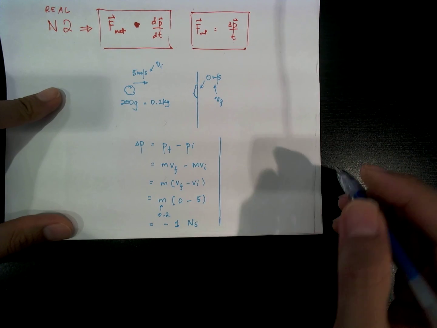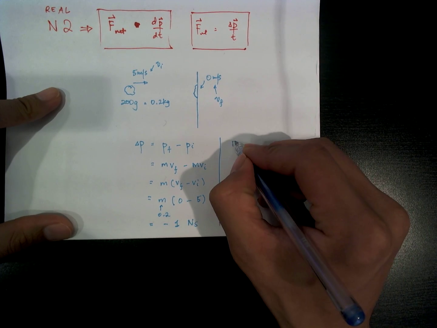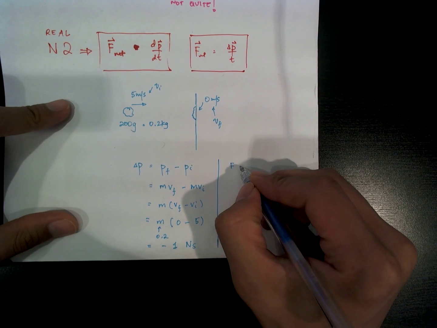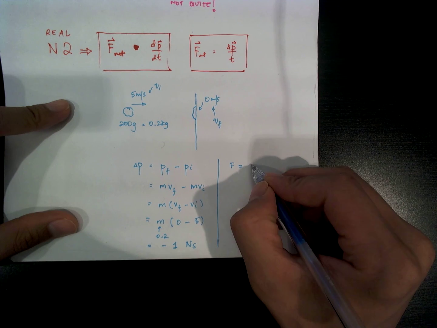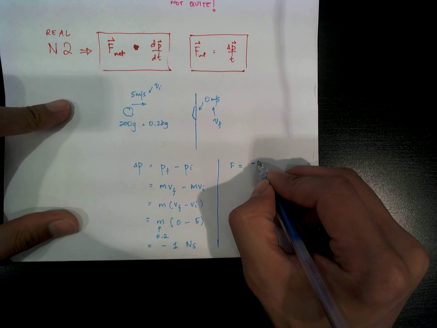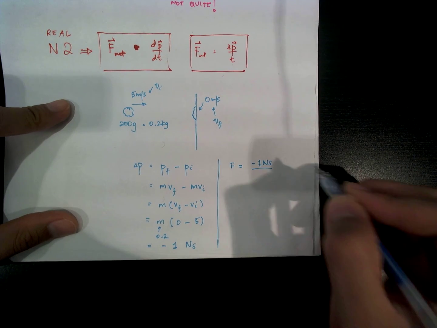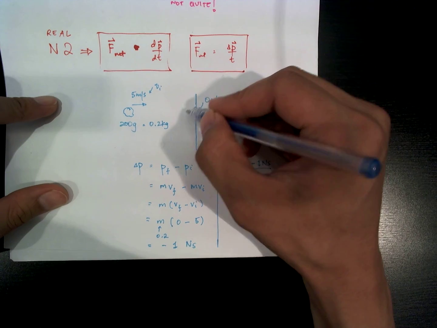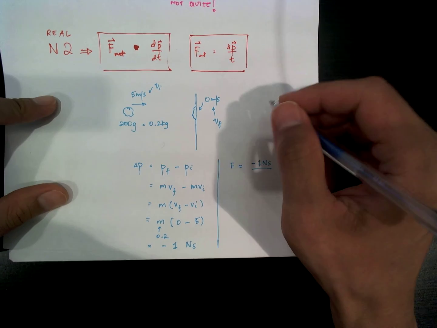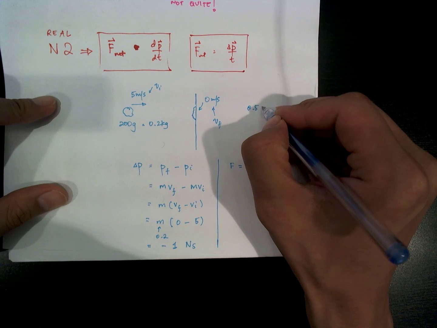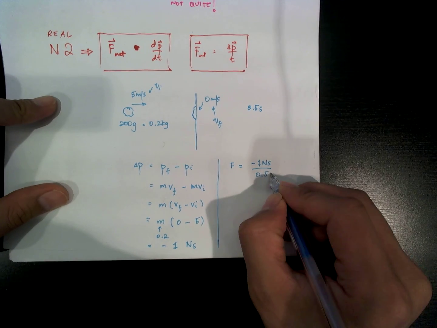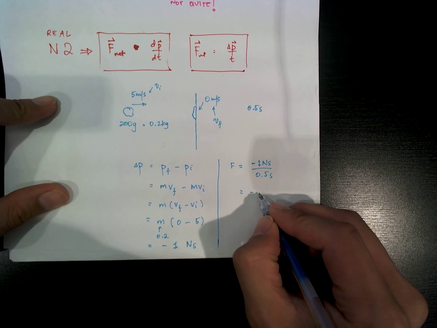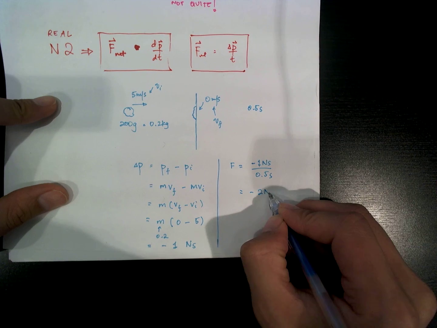I can go ahead and compute the force here. The force is going to be equal to the change in momentum, -1 Newton seconds, divided by the time it took for this plasticine to stick to the wall, let's say about half a second. So I divide by half a second and get -2 newtons.